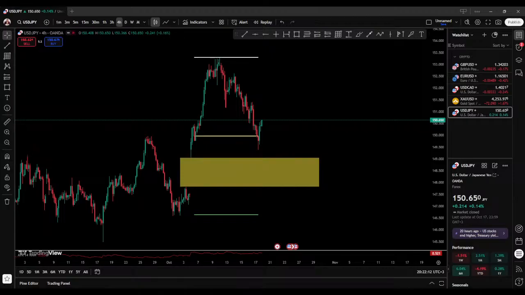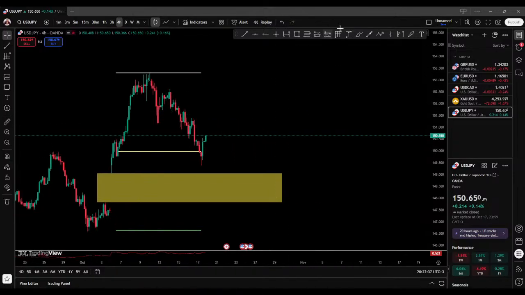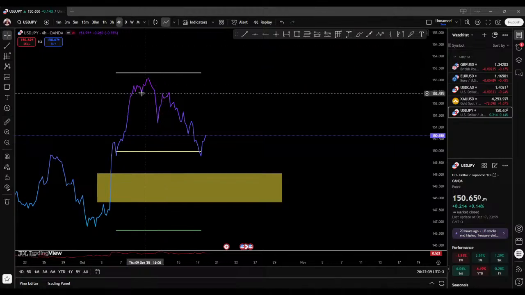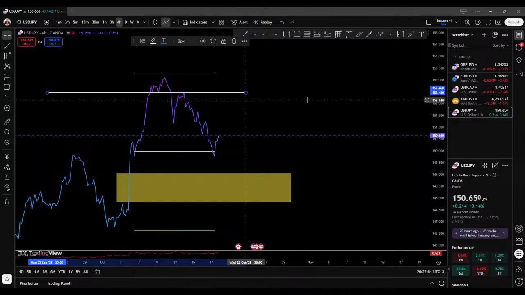This is USDJPY. So look at this. What I do is to mark that thing here and then wait for the market to come at my QML, which I believe this sell is already happening from the QML.